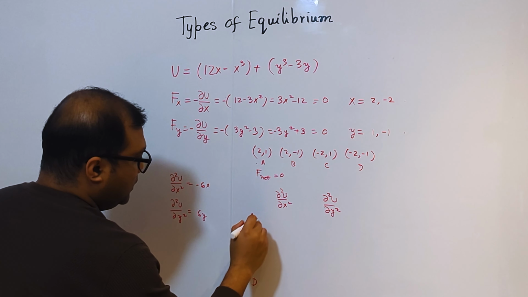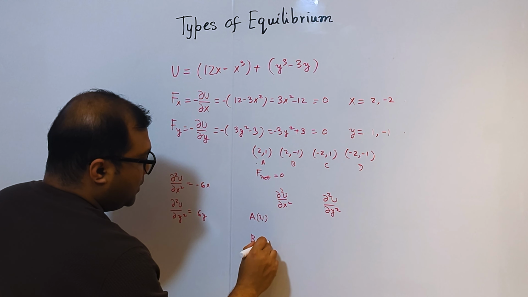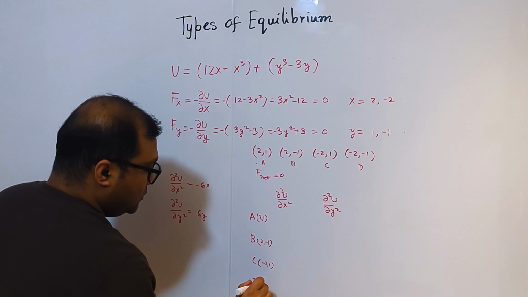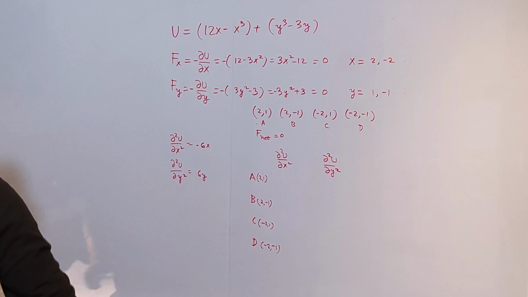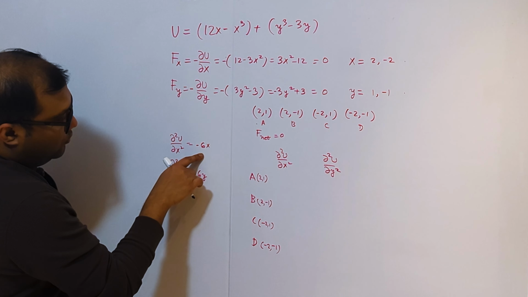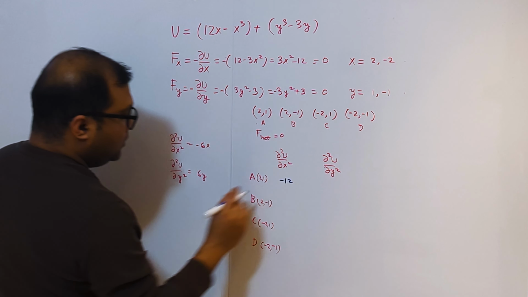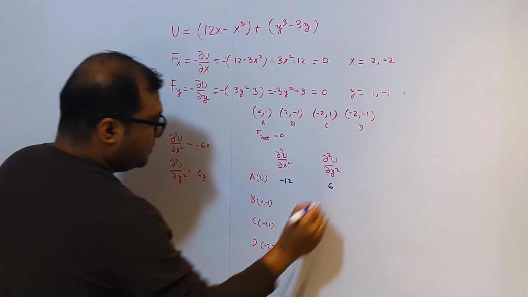Okay, now let me write down the points as well. 2 comma 1, 2 comma minus 1, minus 2 comma 1, and minus 2 comma minus 1. Okay, let's see what's the value here. We substitute 2, so this is minus 12, and we substitute 1 here, this is 6.